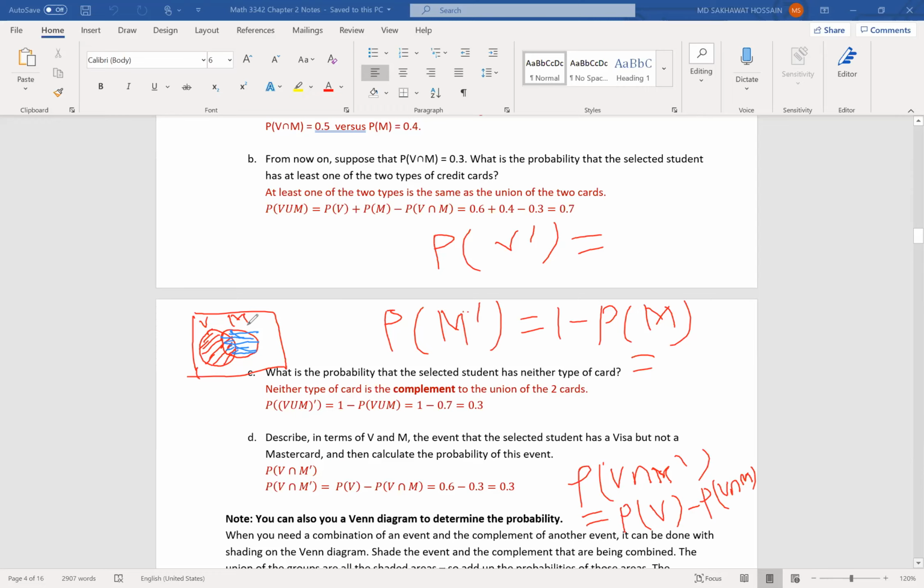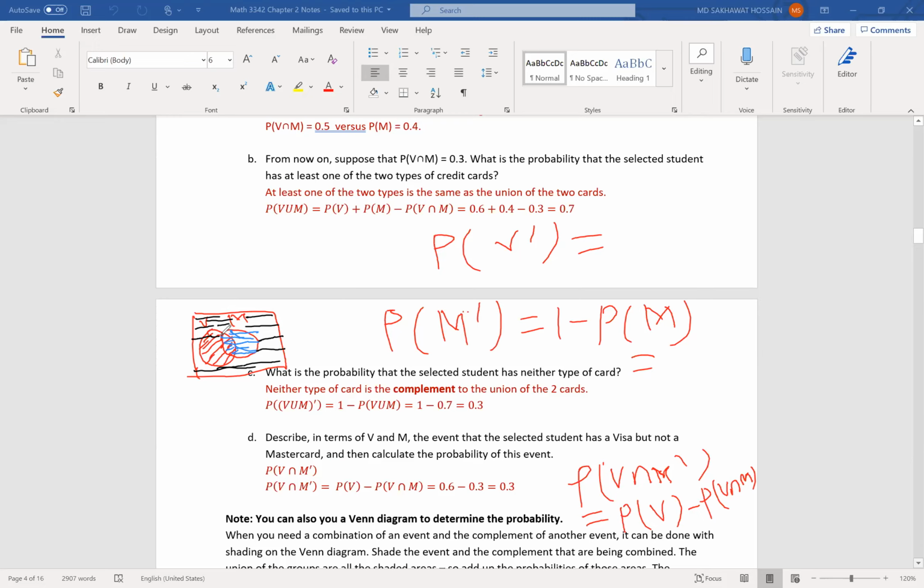So now M complement, so we will shade the region for M complement. So what is M complement? We can use a different color. M complement means outside M, so we shade the region outside M. This is outside M, because M is the blue part.